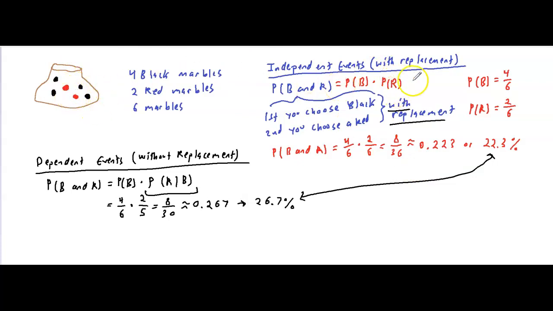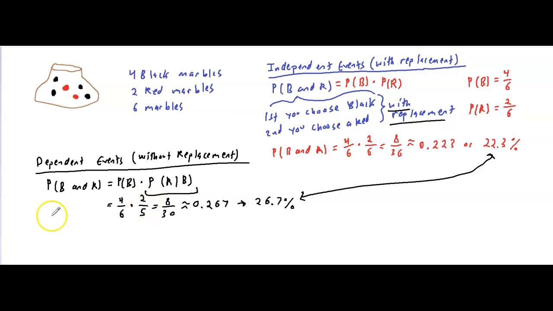So when we replaced the black marble for the independent events example, there were a lot more black marbles and less of a chance of pulling that red marble in the second attempt. Whereas in the dependent events problem, without replacement, when we pulled that black marble, there were now 3 black marbles to 2 red marbles. So it was a little bit more probable that we could pick that red marble that second try.